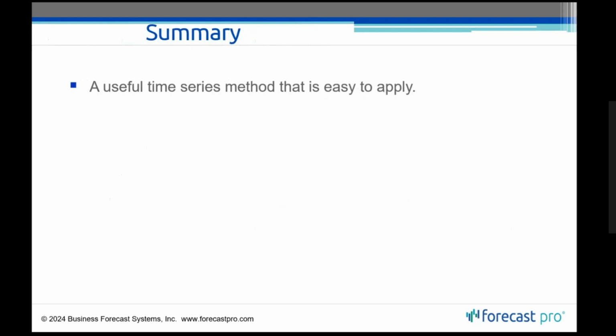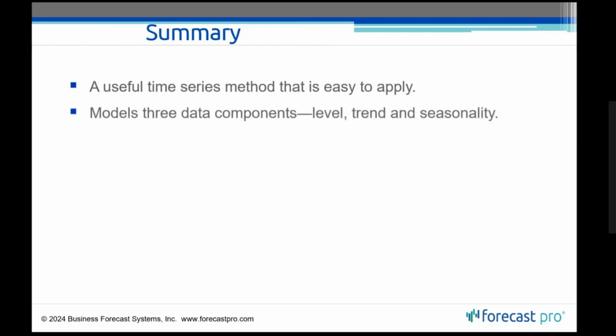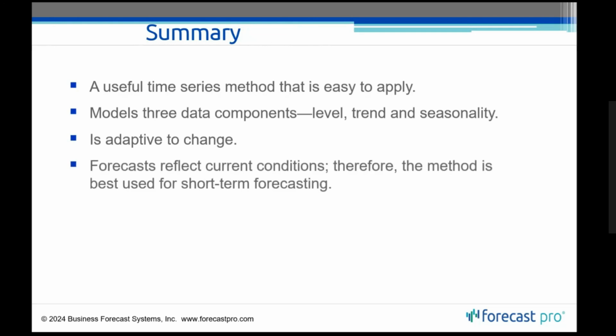Okay, so let's summarize, and then we'll have some time for questions. Exponential smoothing is a very useful time series method. It's easy to apply. It's easy to explain to people how it works. It revolves around three data components: level, trend, seasonal pattern. It's adaptive to change. As these components change in time, it's adapting to that change.